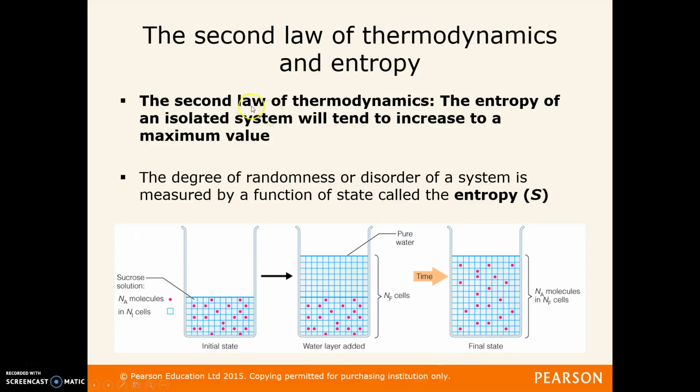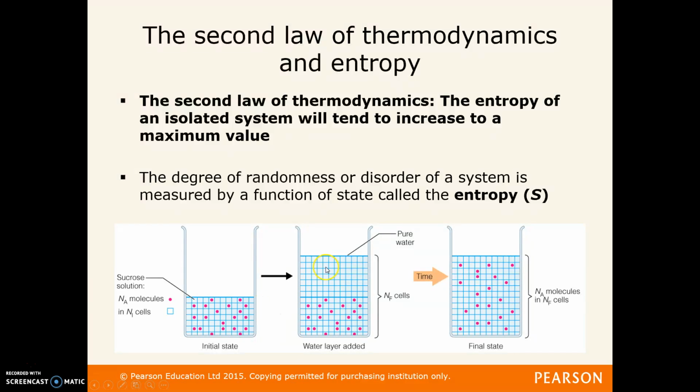Now, the second law of thermodynamics states that the entropy of an isolated system will tend to increase to a maximum value. This is a measure of randomness or disorder in a system. So if we have a particular vessel here that has sucrose in it, here we have the individual sucrose molecules, and we have it in a certain volume of water.